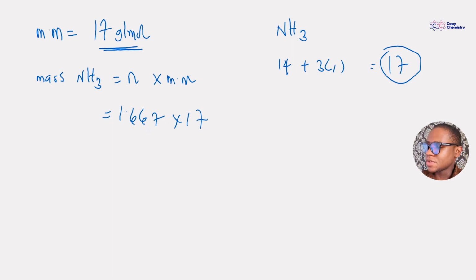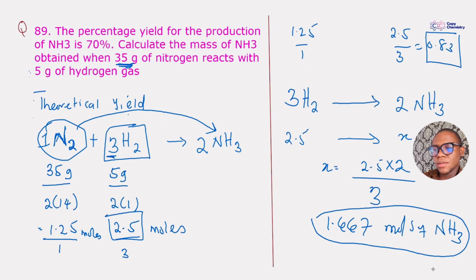So what would that give us? 28.3 in grams. So that is the theoretical yield. Okay, so we have the theoretical yield here.